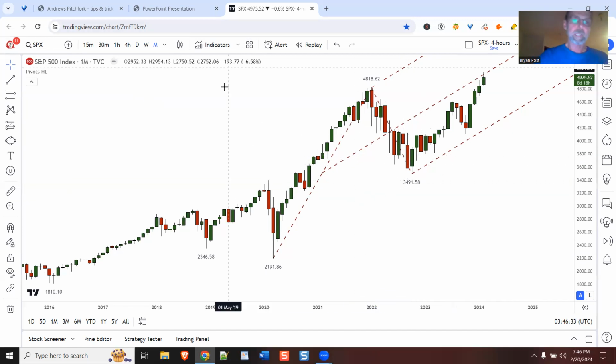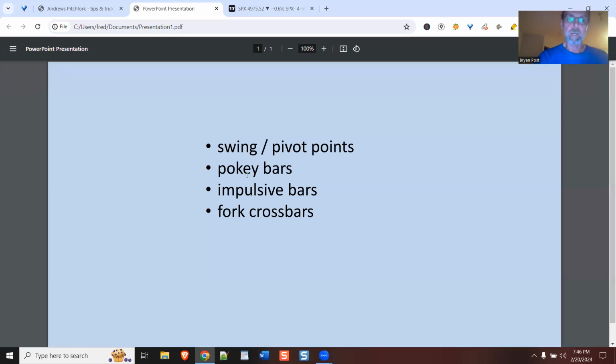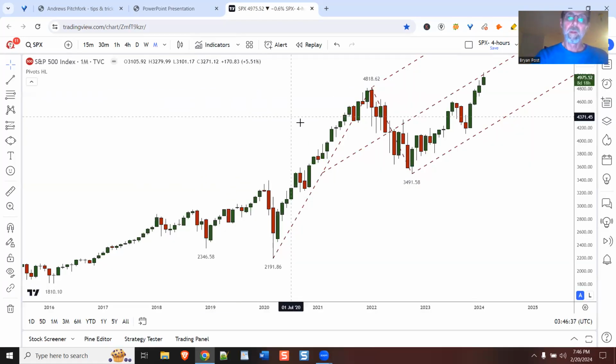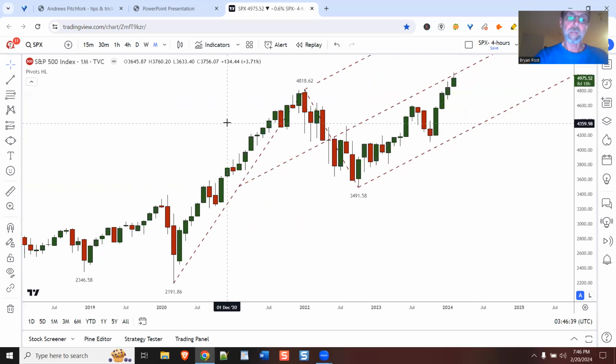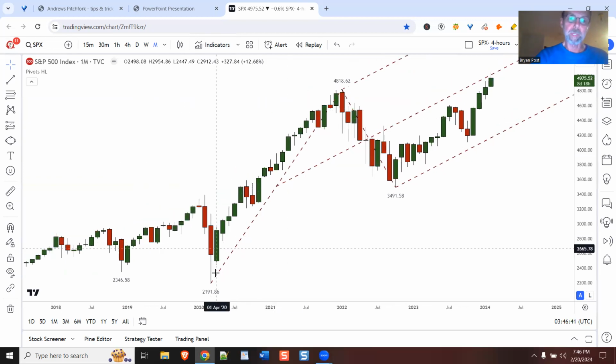So let's see, what else did we have in here? Pokey bars. We've got several examples. This is a fine example of a pokey bar. Let's highlight this. This big lower wick, that's what I refer to as a pokey bar. And of course, it's a big lower wick in this case.